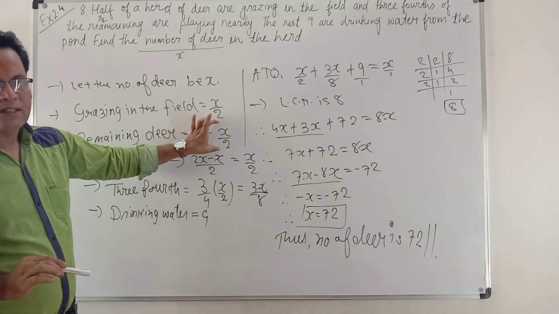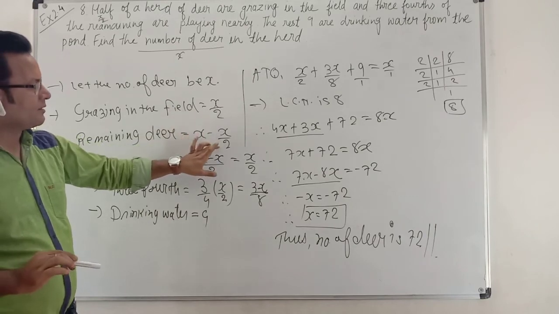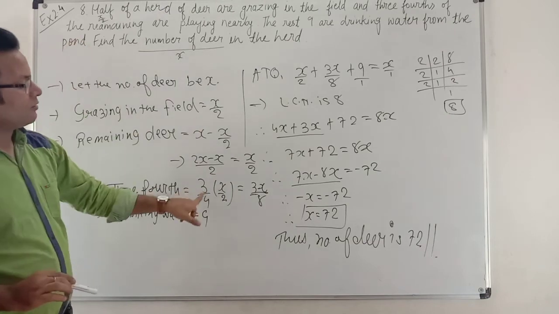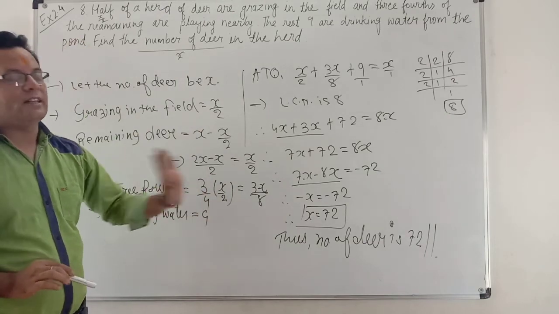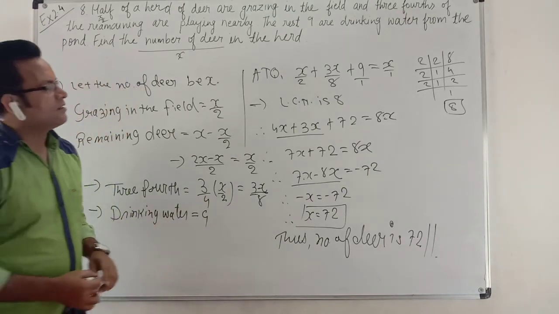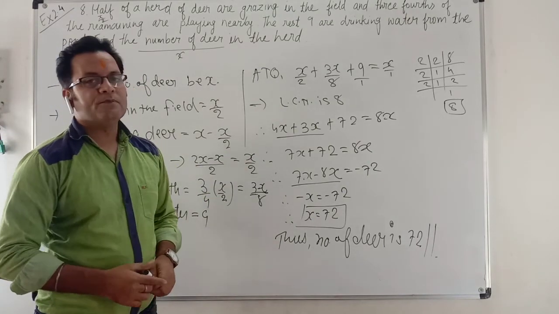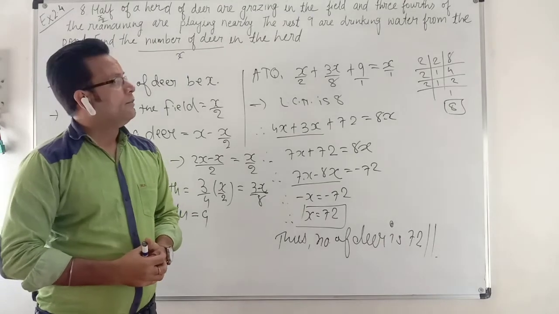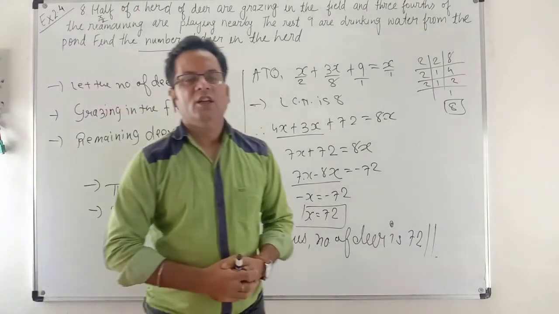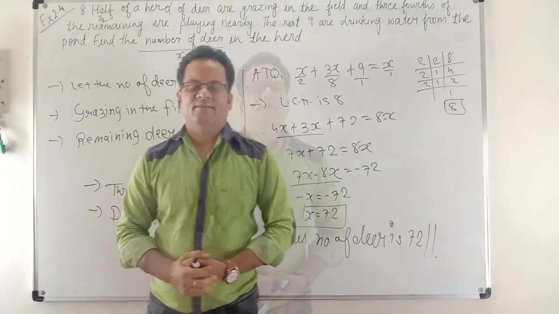X by 2 is grazing, so you have to minus it. So again that is x by 2. Now 3/4 of x by 2 will be 3x upon 8. In total drinking water is 9. So we have framed here this way, the equation according to the condition, and we proved the sum. So just take a look.